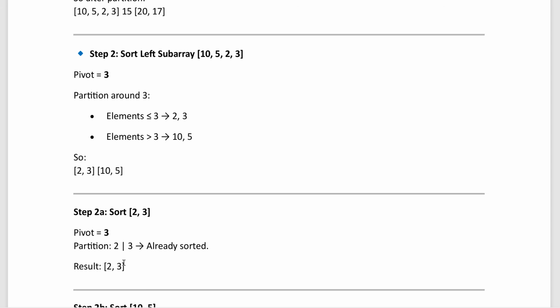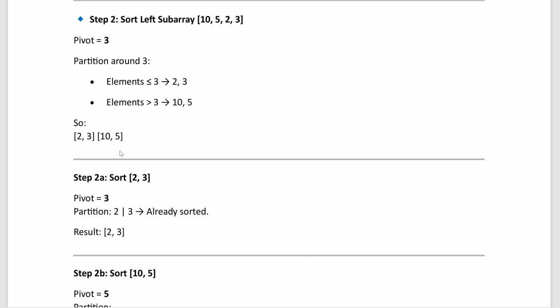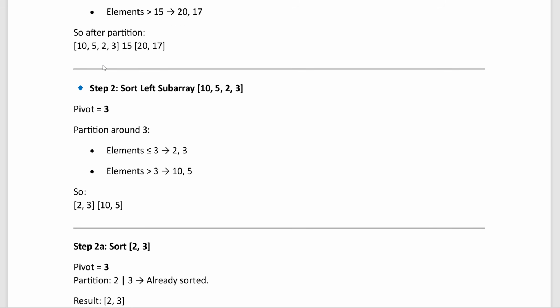So we do not require to apply some partition algorithm again in this case. Now we jump to the right subarray. Right subarray is, sorry, now right subarray is 10 comma 5. We will be coming to this later on. First of all, we are focusing on this, right? So 2, 3 we have already sorted.